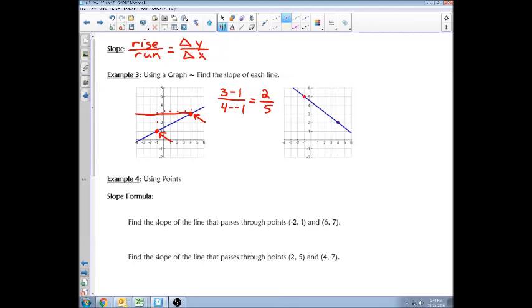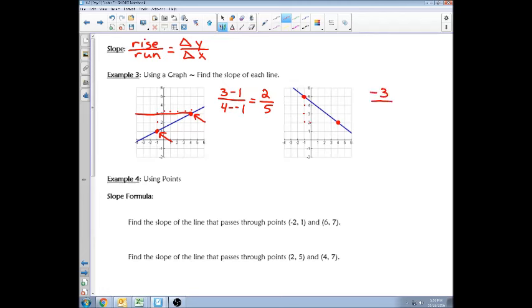I'm going to start at this point here and move to this point here. Well, if it's going down, are my y numbers getting larger or smaller as I go down? They're getting smaller, which means that my rise is actually going to be negative. So I'm going to go down 1, 2, 3. So that would be negative 3 over.